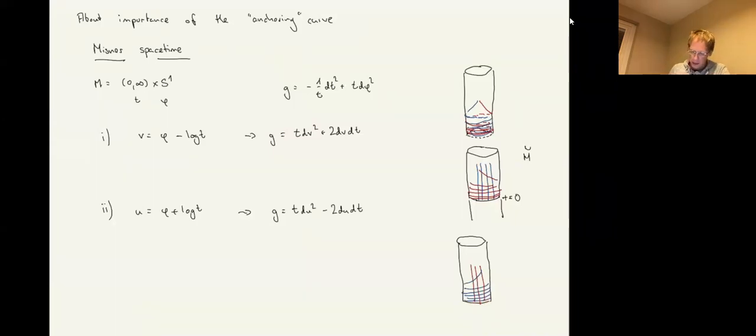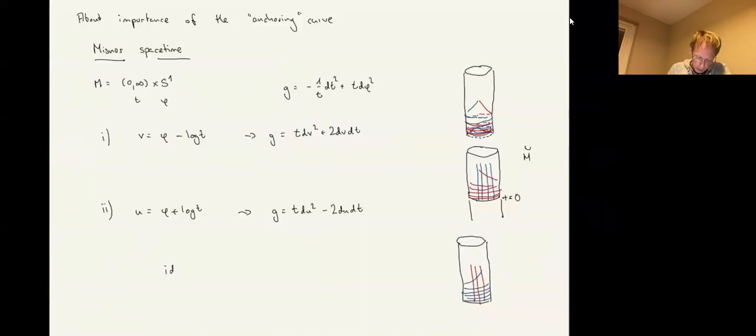I should also mention that both of these extensions are maximal. So you can't extend this spacetime in another region so that the red curves would also have limit points in the extension, since the red curves already have a whole accumulation curve. You can't make the extensions bigger. And so, as I said, they have very different C0 boundary structures.